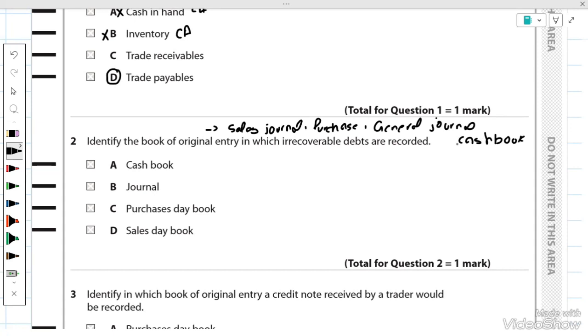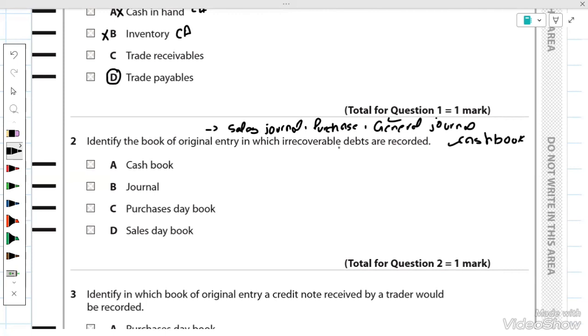If any transaction is in cash form or cheque form, it will be recorded in the cash book. Sales or sales returns are recorded in the sales journal and sales returns journal, and purchases or purchase returns in the purchase journal or purchase return journal. All other remaining transactions will be recorded in the journal.